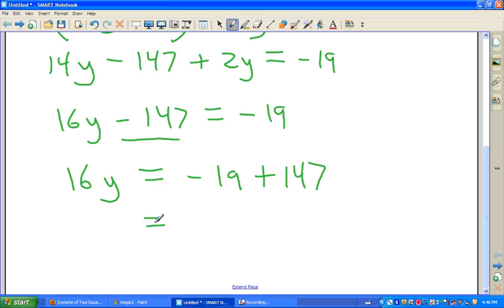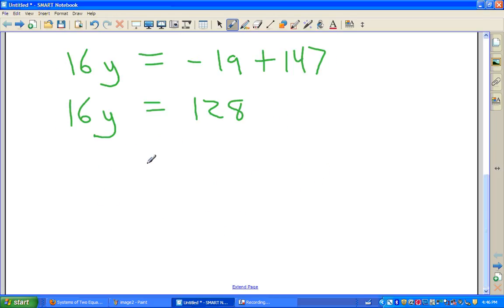I can do math in my head easily, but not always. So I'm going to get 128 here. Notice that 147 minus 19 gave me the 128. I still have a 16y, and it looks like that's going to be a perfect multiple. So y equals 128 divided by 16, which looks like it's equal to 8.